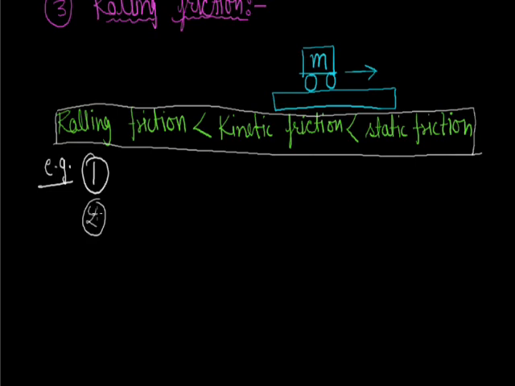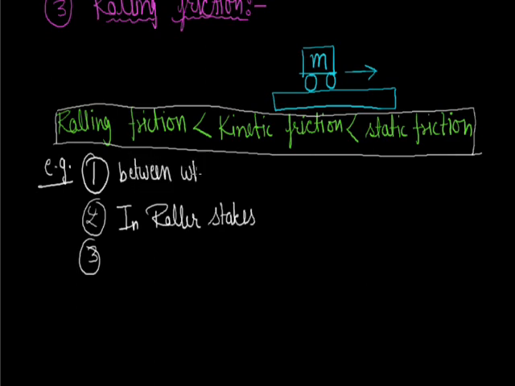These wheels have very small rolling friction and help in fast motion of the skater. So we can say the second is in roller skates, and the first is between wheels of vehicles and road.